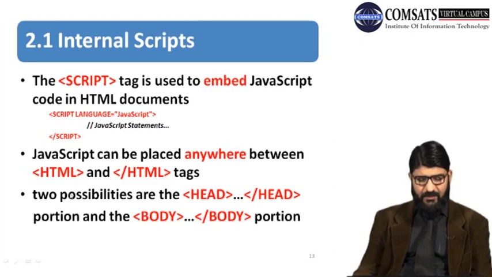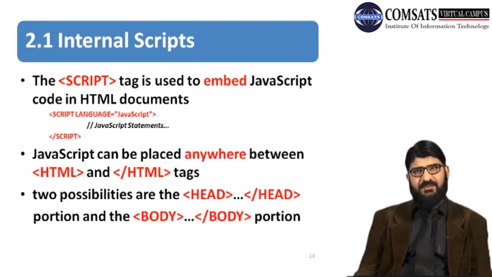So JavaScript is a nested code for the HTML head as well as the HTML body tag. And when we write the JavaScript code in the head section or in the body section of an HTML web page, it means we are using internal JavaScript.